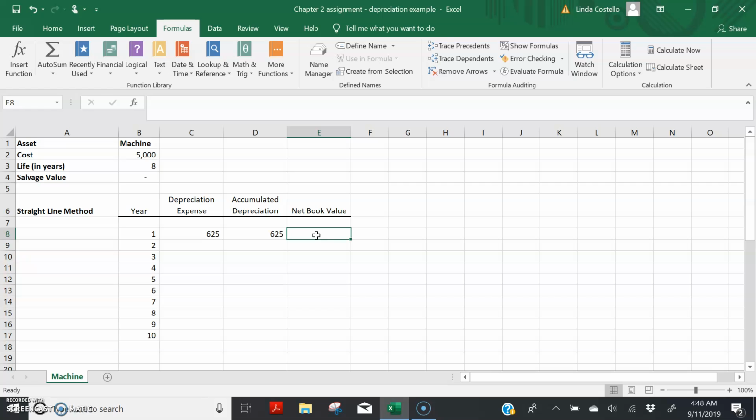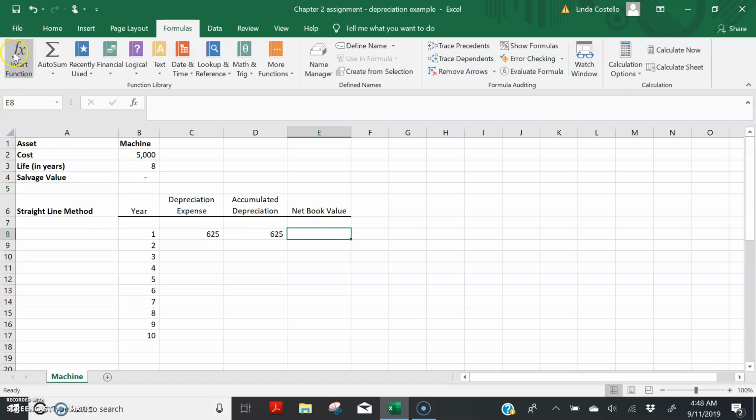And let's do the same thing for the net book value. Again, net book value, as you know from your accounting classes, is cost minus accumulated depreciation. So the basic formula is going to be fixed B2 minus D8. But we want to insert the same if function with that formula.